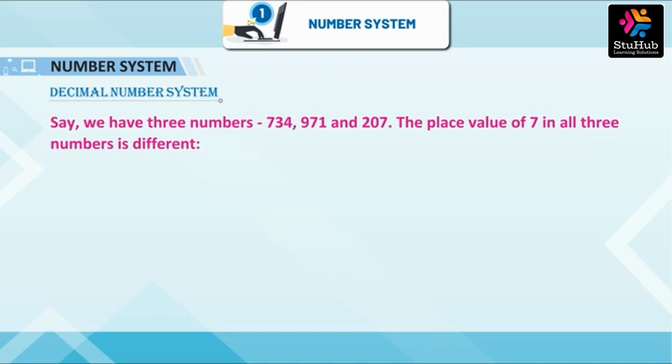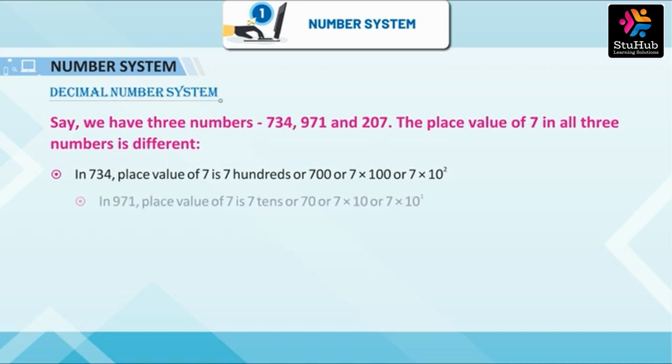Say we have 3 numbers: 734, 971 and 207. The place value of 7 in all three numbers is different. In 734, place value of 7 is 7 hundreds or 700 or 7 multiplied by 100 or 7 multiplied by 10 squared.